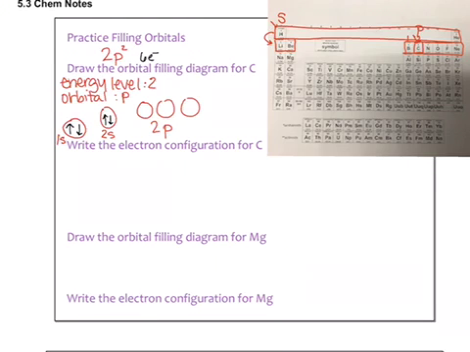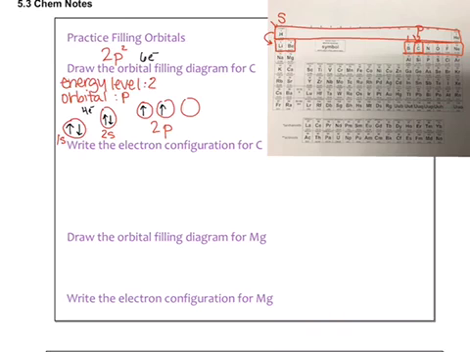Since right now we have a total of 4 electrons, we only need 2 more. And so they have to go in as unpaired, to fulfill Hund's rule. And so this is carbon's electron orbital filling diagram.